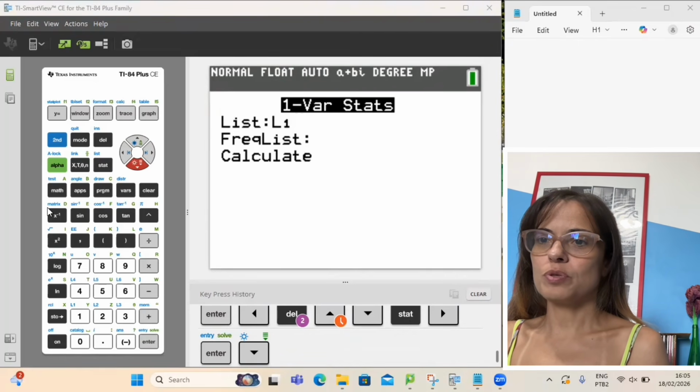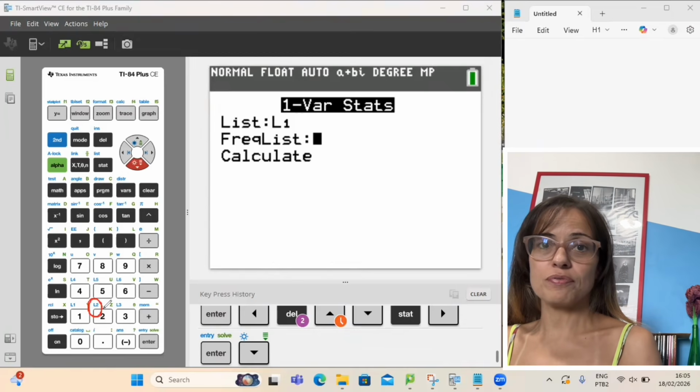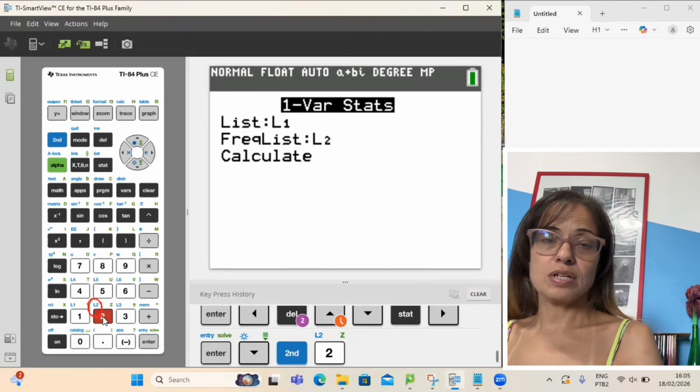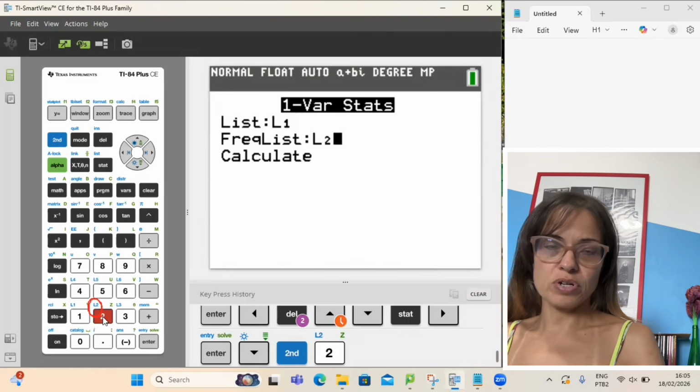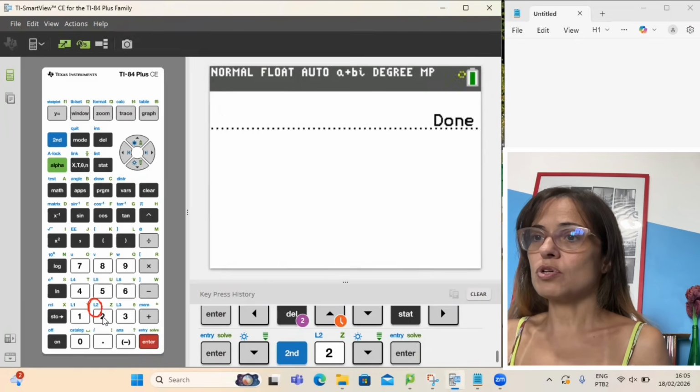Sometimes we don't see it when we don't know what we're looking for, but the L2 is right here. Look, it is a blue thingy above the button for the number 2. So you're just going to click it there by second and 2. You can also use this in case you want to reach L3, L4. Sometimes we type multiple lists. And then anyway, just calculate.